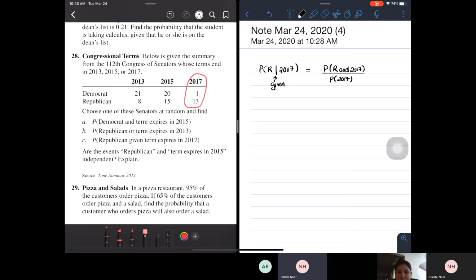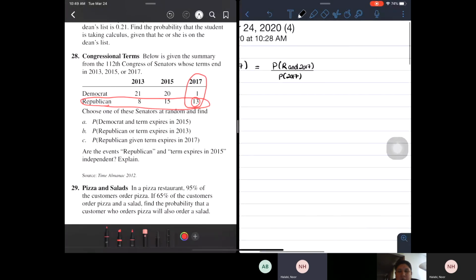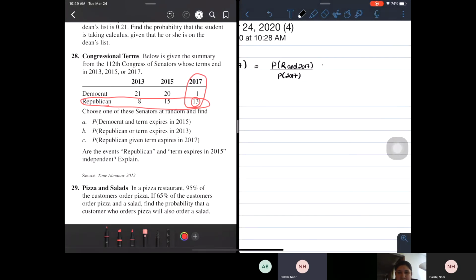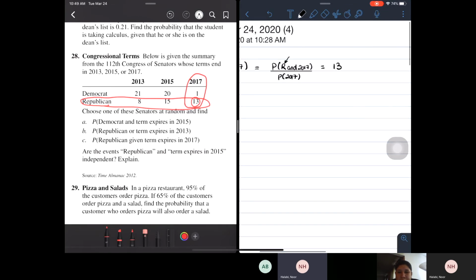And I want to look at Republicans only, so I'm forgetting about Democrats for now. See this number 13? It's an overlap, because both circles include it. So this is going to be my and statement. It's 13 because it's both Republicans and 2017.